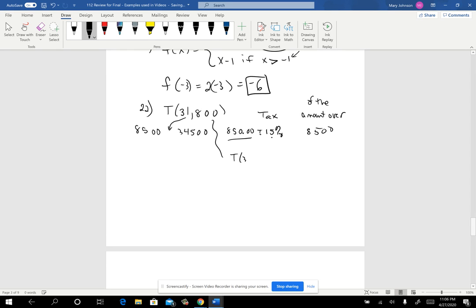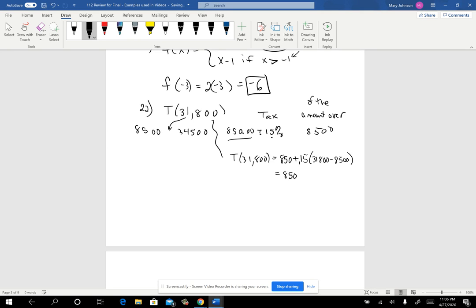So the tax on 31,800 is going to equal 850 plus 15% of, that means times the amount over 8,500. Well, my income was 31,800. I want to see how much money I earned above that. So I'm going to subtract the 8,500. Kind of remember how we did that using the tax guide.